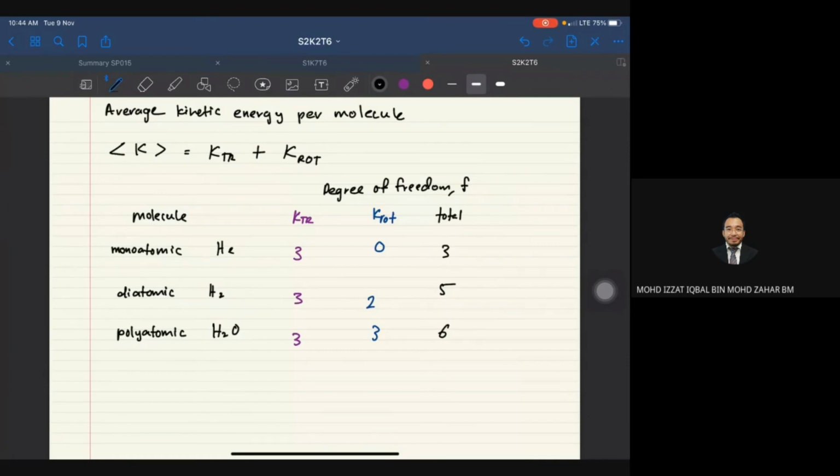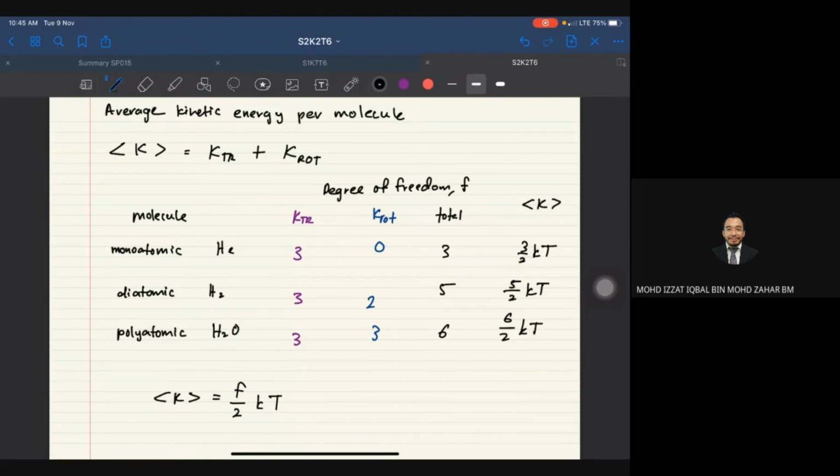And as a result, your K tadi kamu ada a general formula which is F over 2 KT. So if I substitute the values for F, untuk 3 tu, then it becomes 3 over 2 KT, 5 over 2 KT, and 6 over 2 KT. Okay, so this is the formula.